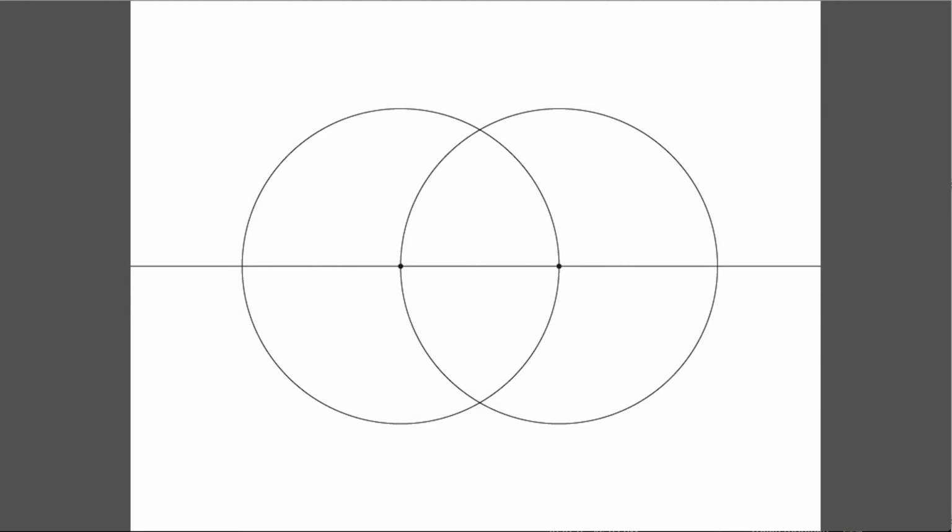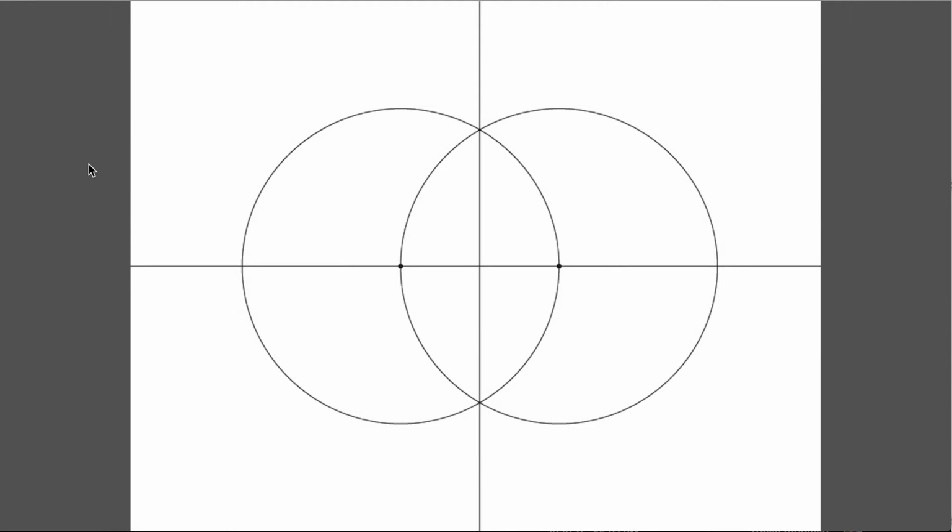Start with a line. You draw a circle where the center of the circle is on the line. If you make another circle such that they overlap, then the points of intersection here and here, a line drawn straight between them, is exactly at a right angle to the first line. This is just a principle of geometry.